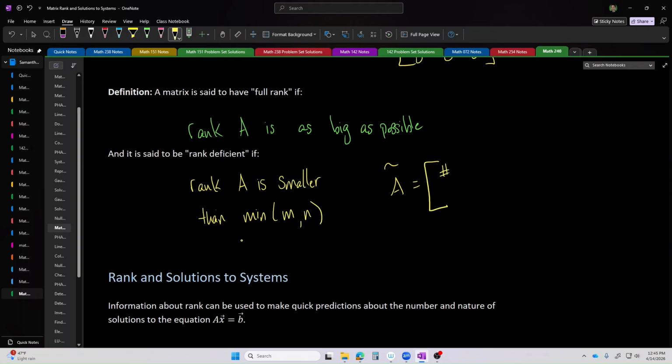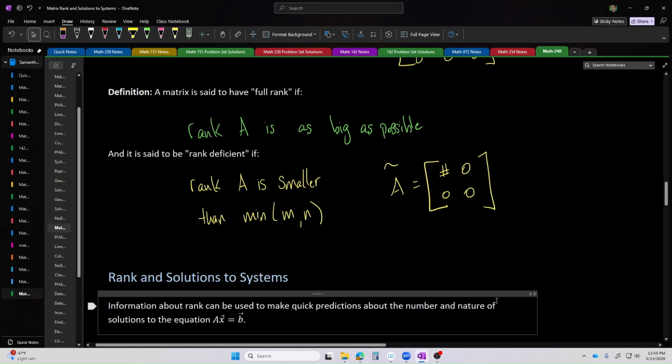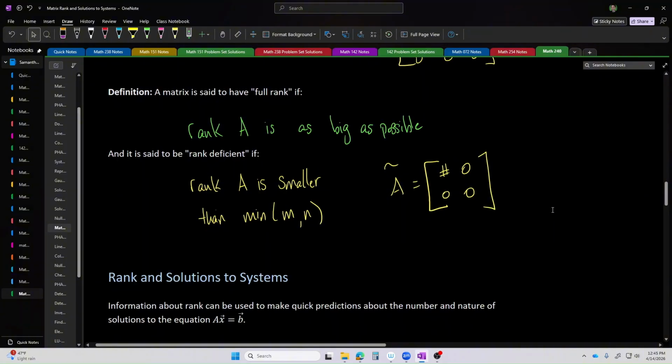You have a pivot in the upper left corner, but the bottom row doesn't have any pivots inside of it at all. This matrix A would be considered rank deficient because it has 2 columns and 2 rows, but it only has 1 pivot in A tilde. So the matrix A in this case would have rank 1, which is strictly smaller than the maximum possible rank, which is 2.